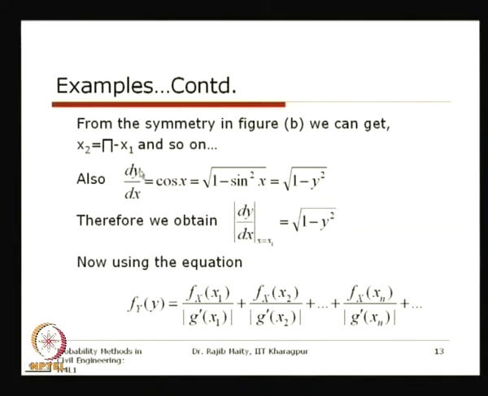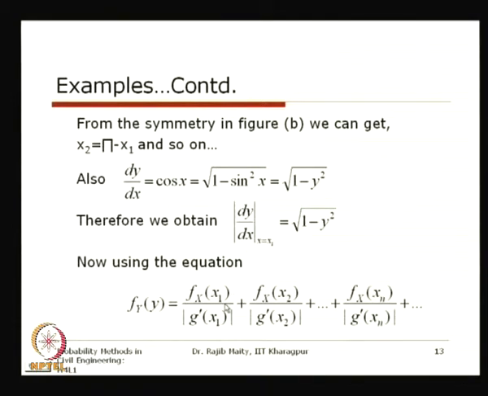Also we have to calculate dy/dx. This dy/dx, the rate of change of y at any value x, is cos x, which can be written as square root of 1 minus sin squared x, and sin x is y. So there is a functional relationship, and this is square root of 1 minus y squared. Therefore at any root, irrespective of how many roots there are, the mod of dy/dx is square root of 1 minus y squared.